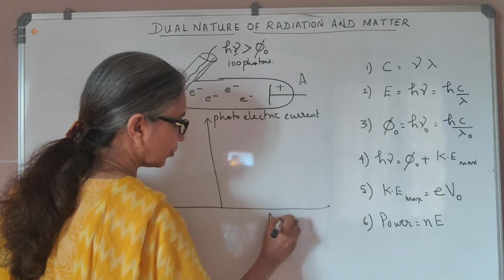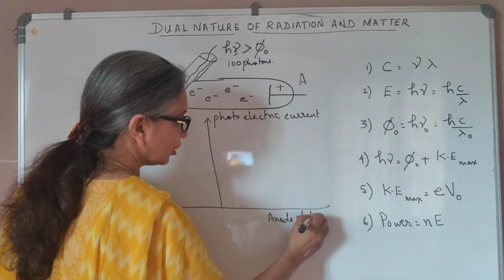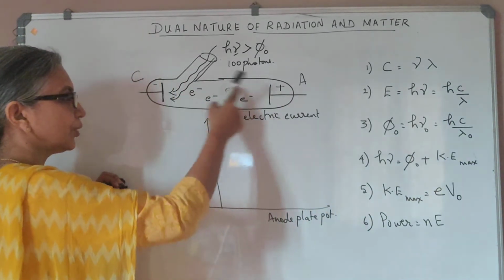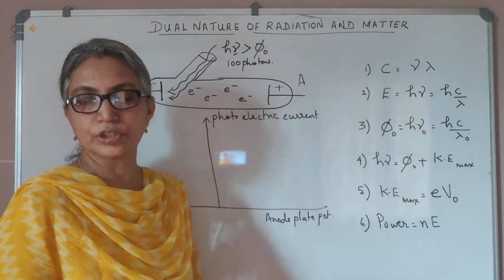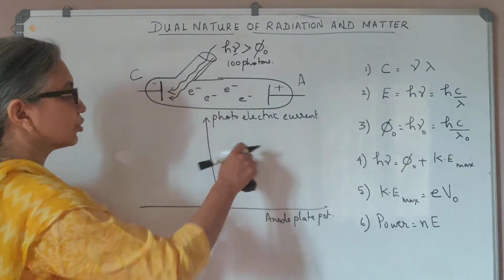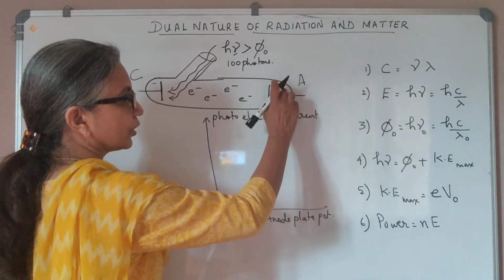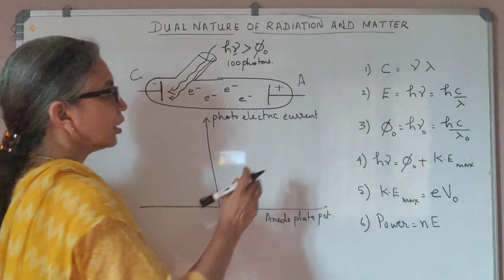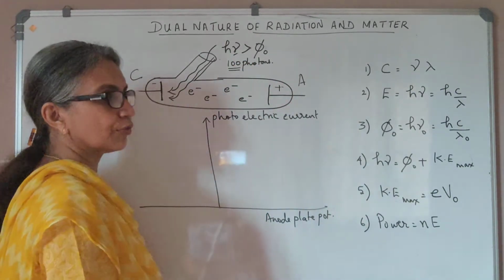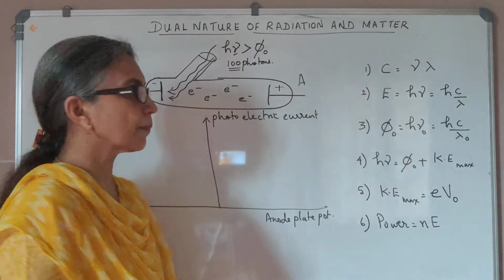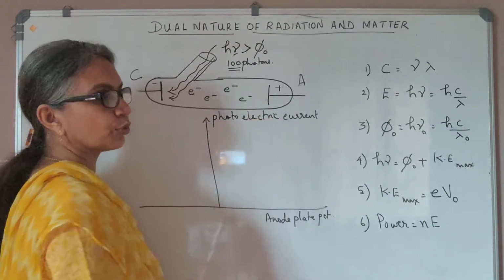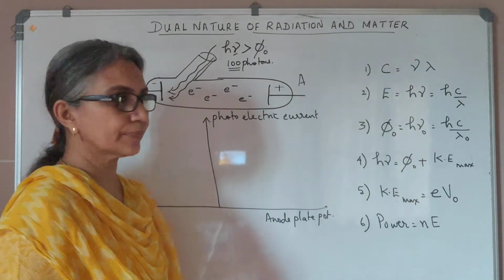This is the anode plate potential or the accelerating potential. The potential between the two plates is the accelerating potential, the electrons being accelerated by that potential. So we're going to study the variation of the photoelectric current with respect to the potential that we apply to the anode. Now, in our example, we have taken the intensity of radiation to be 100 photons. The number of electrons emitted in 1 second therefore will be 100 photoelectrons.